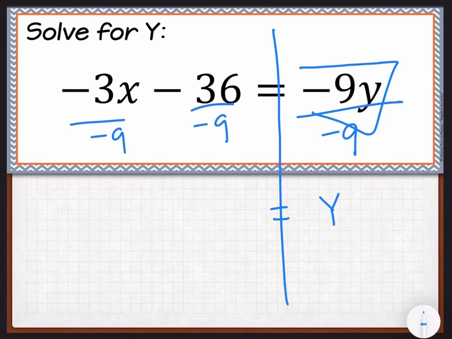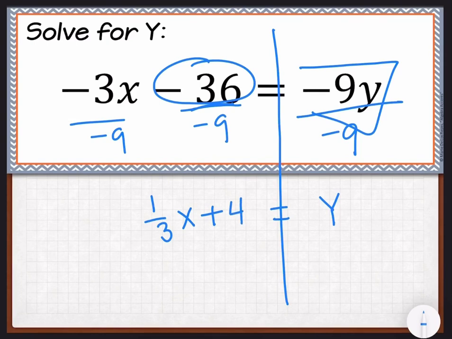Negative 3x divided by negative 9 is 1/3 with the x. And then don't forget, this is a negative 36 divided by negative 9. That's positive 4. And then if you want, you can rewrite it and flip these two around and say y equals 1/3 x plus 4.